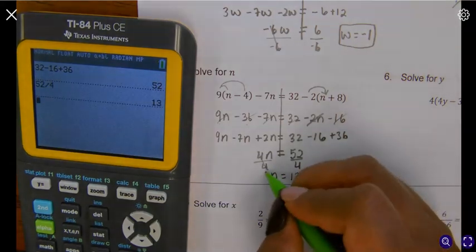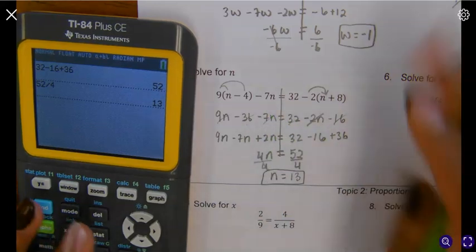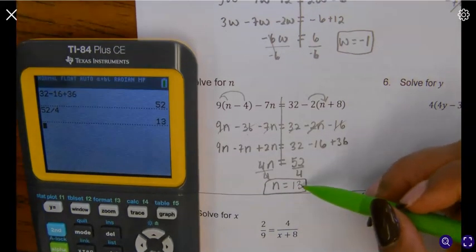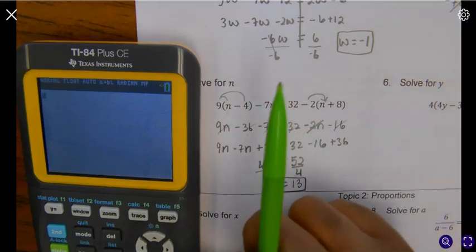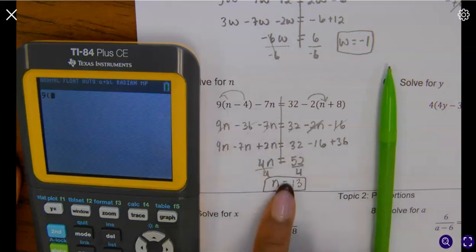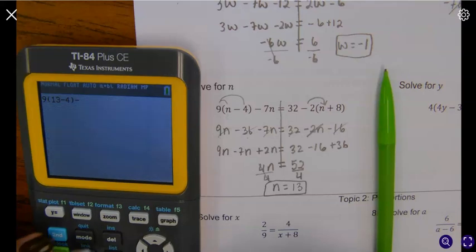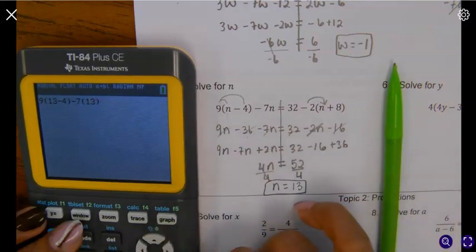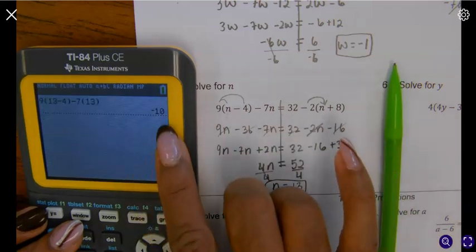There you go. So if you're thinking, well, how do I actually know, is there a way to check my answer? There is. You can take the 13 and you can plug it in for n. So let me show you. So you're going to do 9 parentheses. Instead of typing n, I'm going to type 13 minus 7 times n, so 7 times 13, and I press enter because that's where my equal sign is, and I got this number, negative 10.